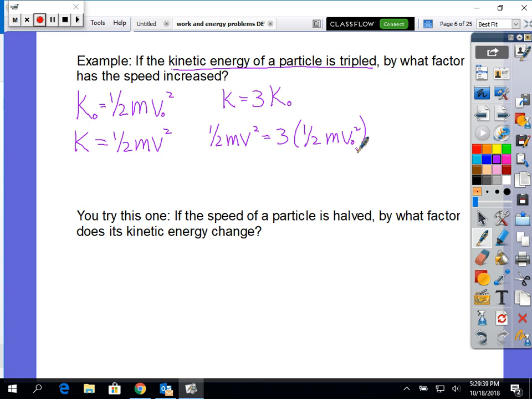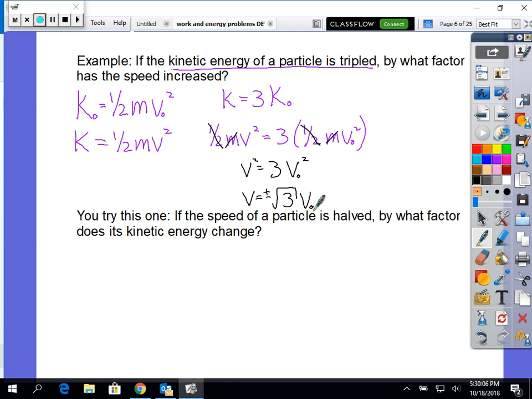And you can see in this equation several things are going to cancel. If we multiply both sides by 2, the halves cancel. Divide by m, the masses cancel. Now I'm just left with v squared equals 3 v naught squared. Take the square root of both sides. v equals plus or minus the square root of 3 times v naught.